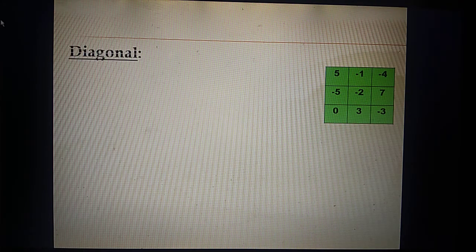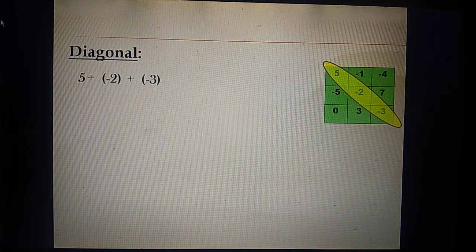Same square, now we will check for diagonals. Diagonal means a slanted area. So like this one is your diagonal 1. You will add all the values in the highlighted part. Again the last two, same sign.